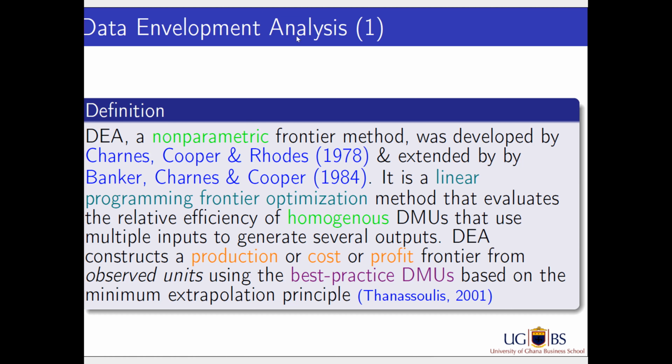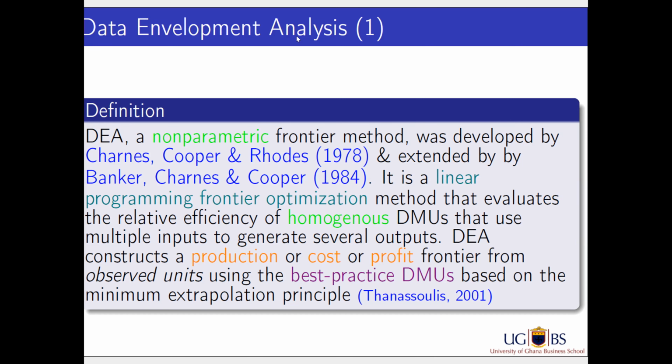Why relative? Relative because by the time you determine the efficiency of one DMU, it is in relation to that of another. So for example, you don't say that this man is short. The moment you say the man is short, you're comparing the man's height with what? Another man. So the measurement of his height is relative. Efficiency is relative.